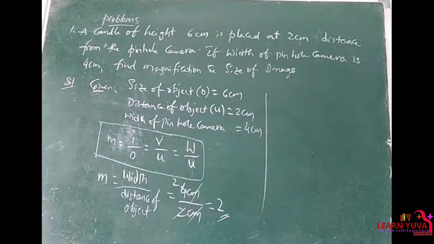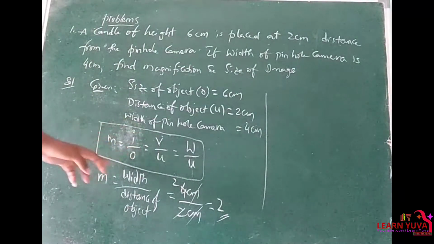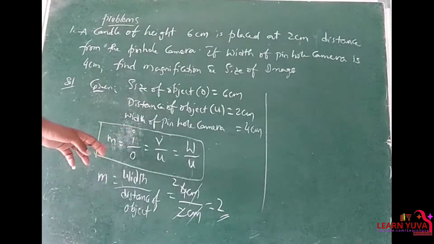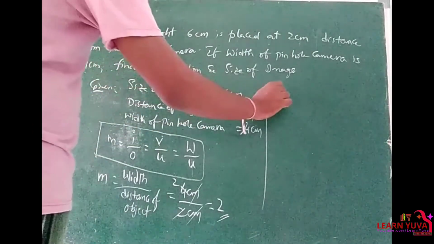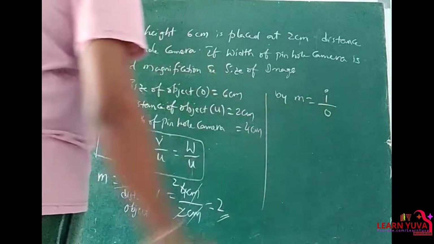We got the magnification value and we have to find the size of image. Magnification has another formula: magnification M is equal to size of image by size of object.